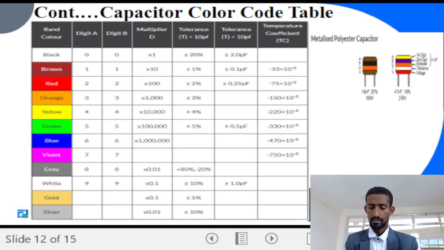This is the table. In the first table, there is the first digit A and digit B. For black, brown, red, as indicated in the table, you can easily read from here. If it is black, 0 means the first digit A, digit B is 0, and the third band is a multiplier. The last one may be the tolerance, or it may be the voltage rating, which is also included in the color code.